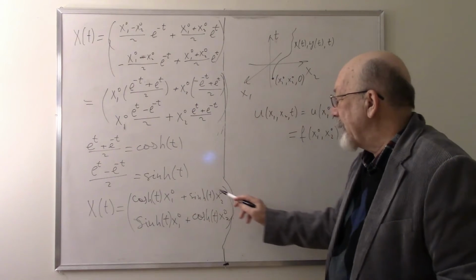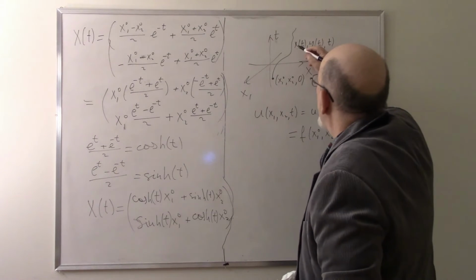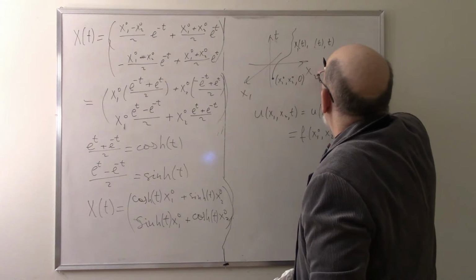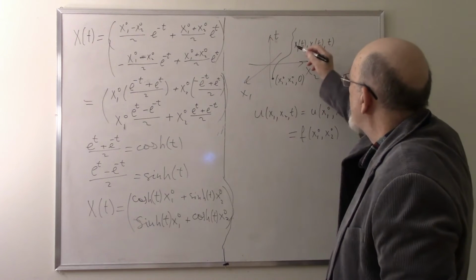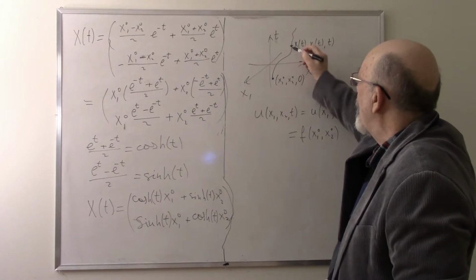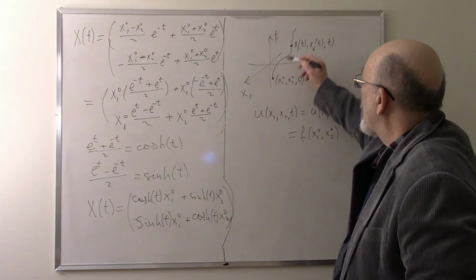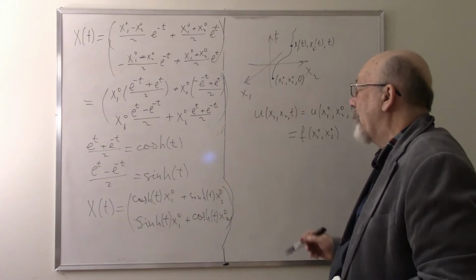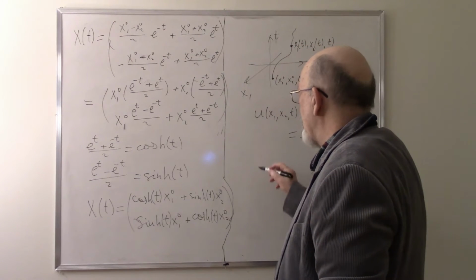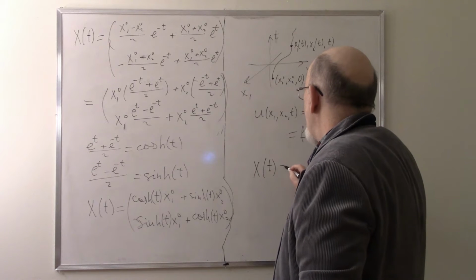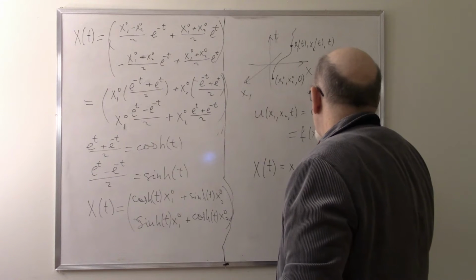So for a given point x1, x2, and t here on the characteristic, we have to find this initial point. This means that we have to solve the following system of equations. So x of t equals x, equals x1, x2.